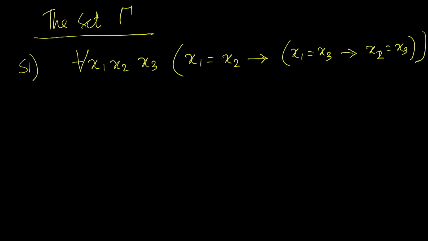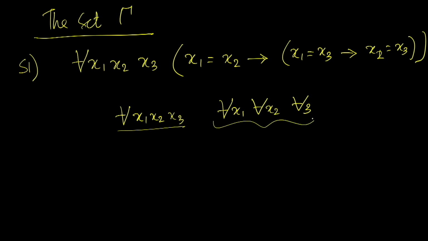What it says is that for every x1, x2 and x3, if x1 equal to x2 and x1 equal to x3, then x2 is equal to x3. We will use this as a short form for this. So whenever I write like this, you should understand that this is what I mean.